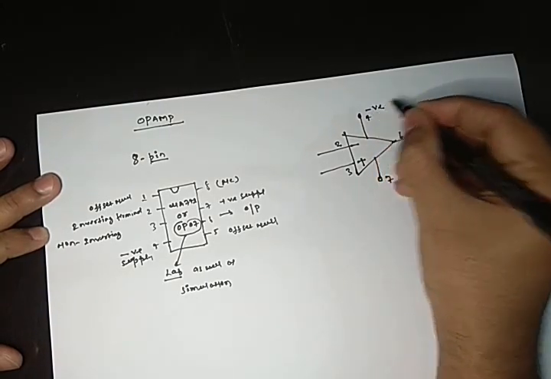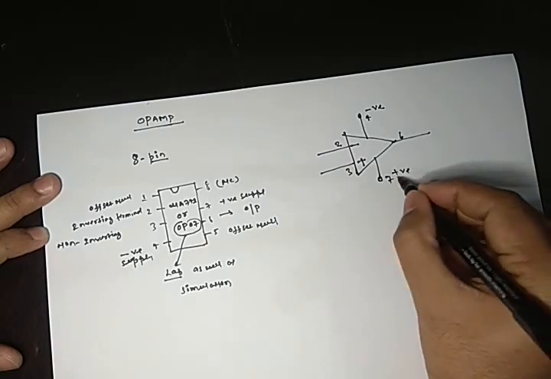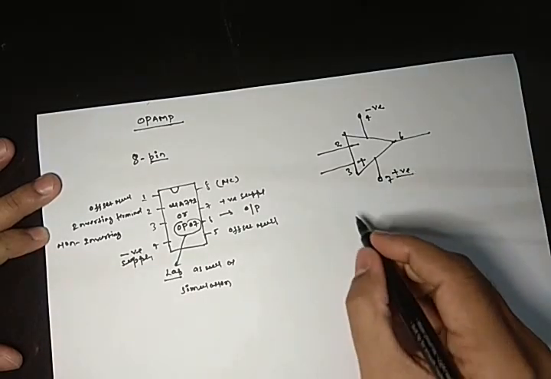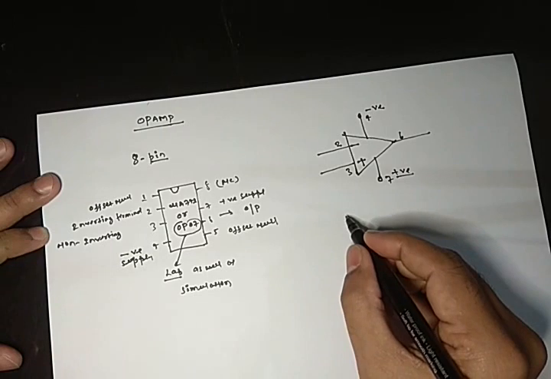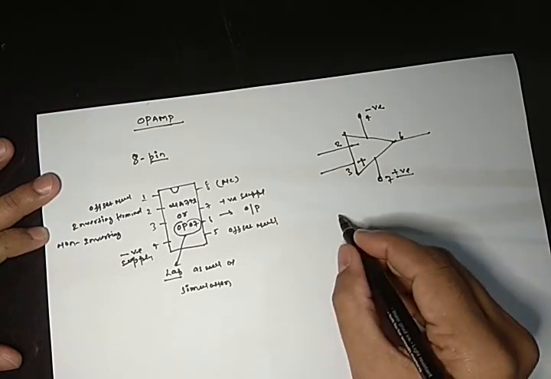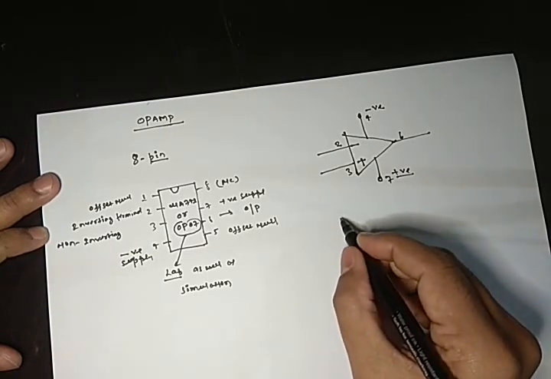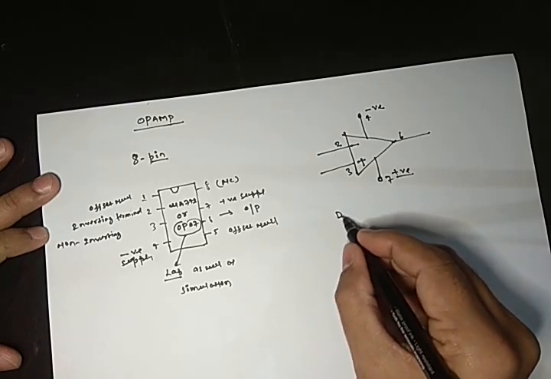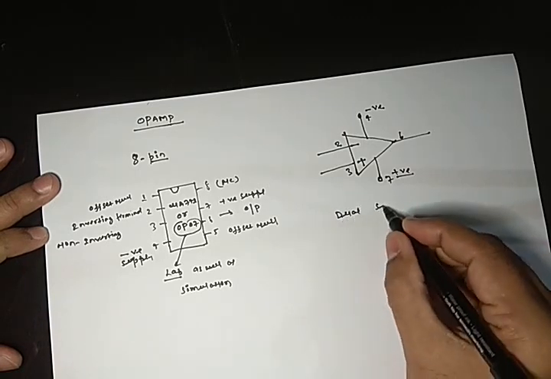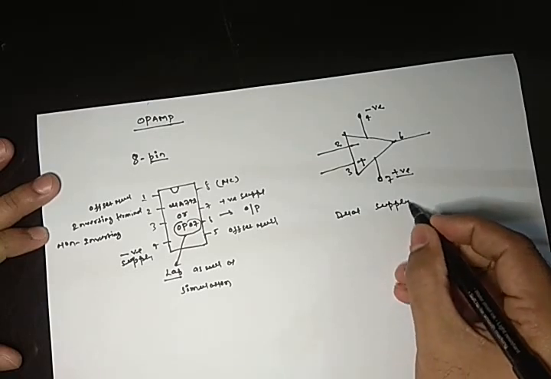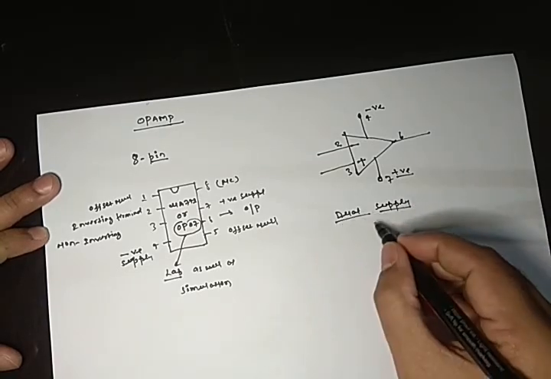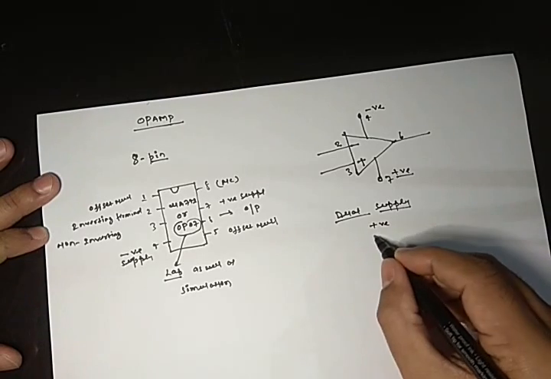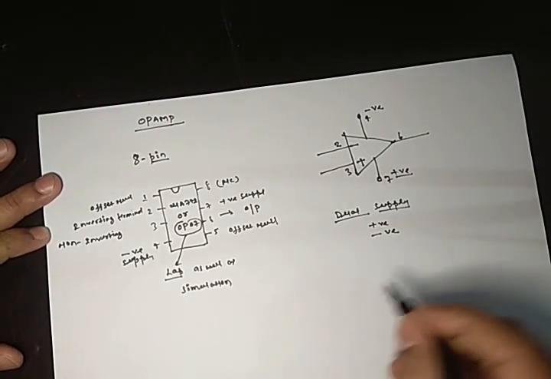Here negative biasing, here positive biasing. As we bias the transistor, in the same way we have to bias the Opamp. Now in an Opamp we have to give dual supply, one positive supply and another negative supply.